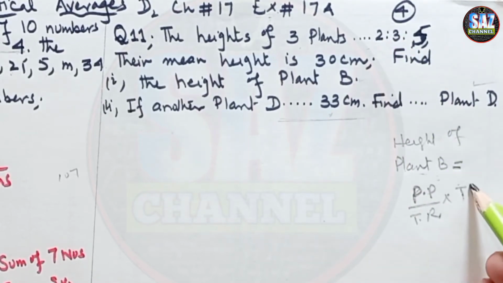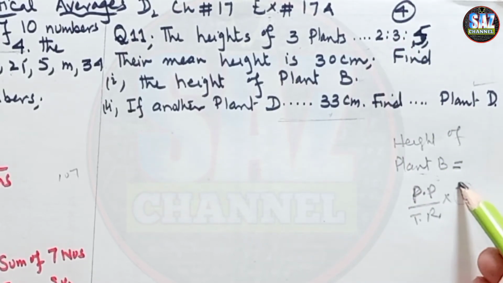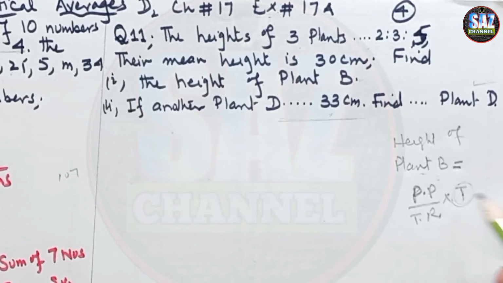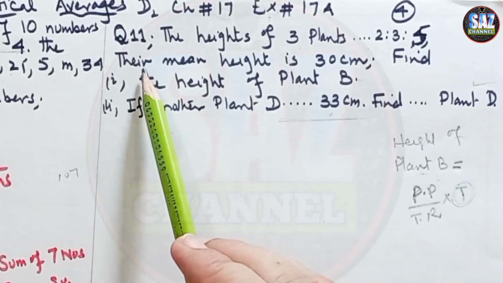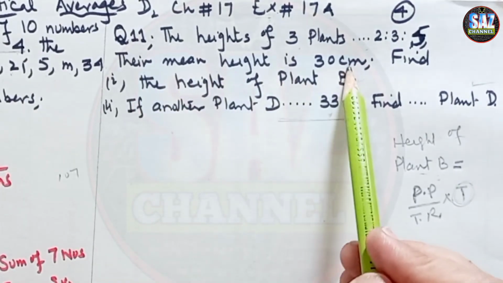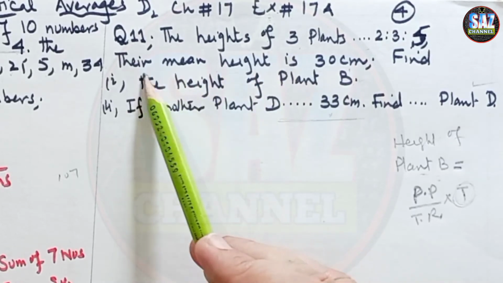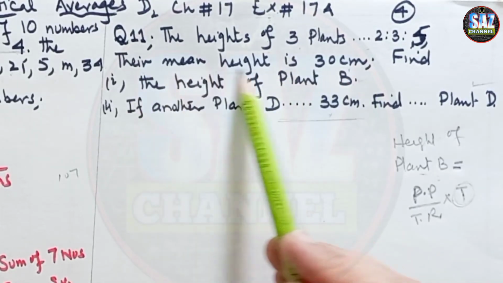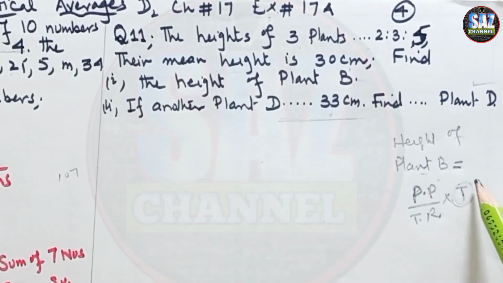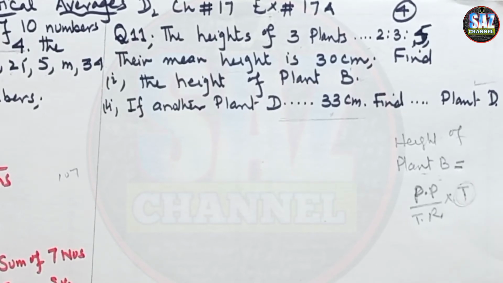But what about the total height of these three plants? We are not given the total height, but there is information that the mean height is 30 centimeter. With the help of mean height, first we have to find the total height of 3 plants, and then we will be able to get the height of plant B. Students, I hope you are clear about this question, and let's move to the solution.